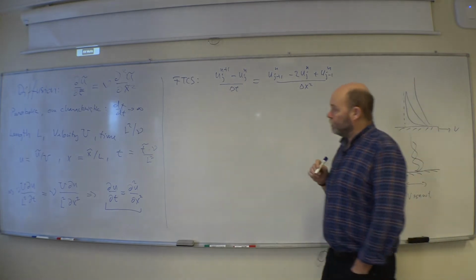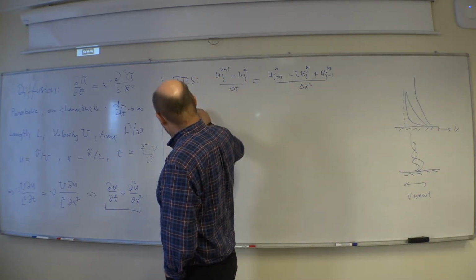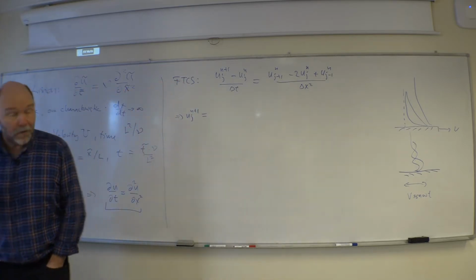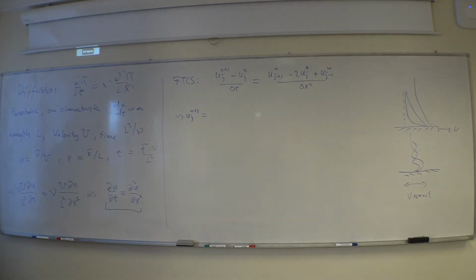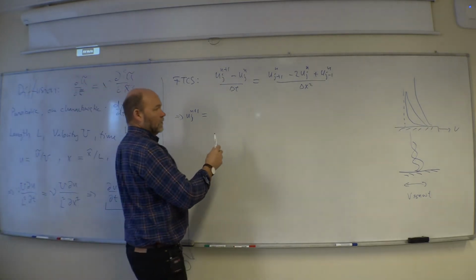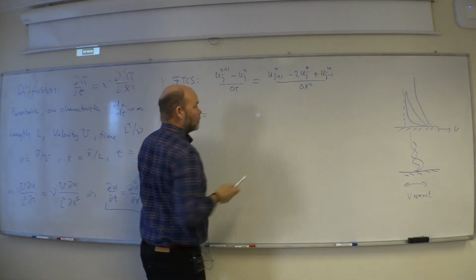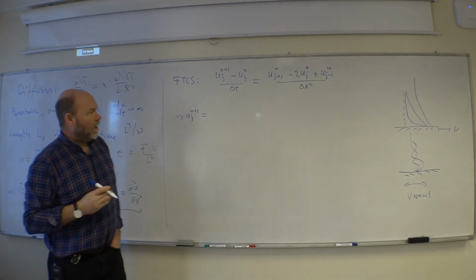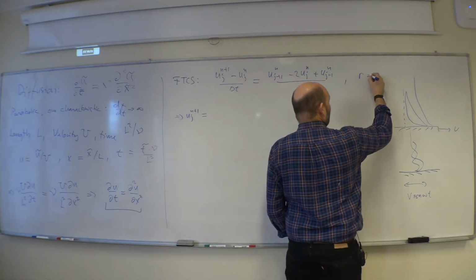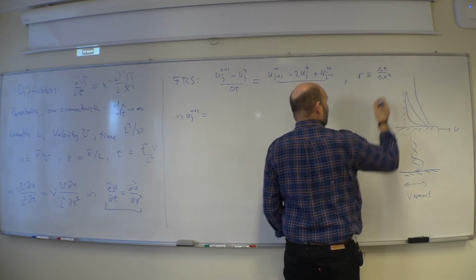There we have it. And then we rewrite unknown n plus 1 equals and throw everything else on the other side. Here we are going to have a quantity, not the Courant number. Now I have delta t by delta x square. So that one we baptize small r.